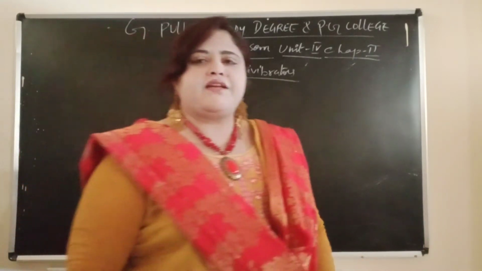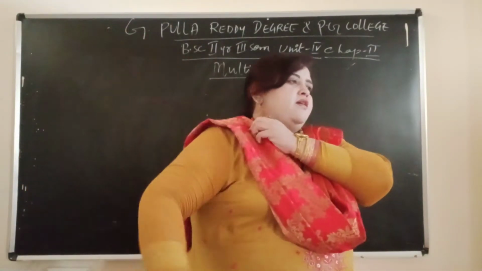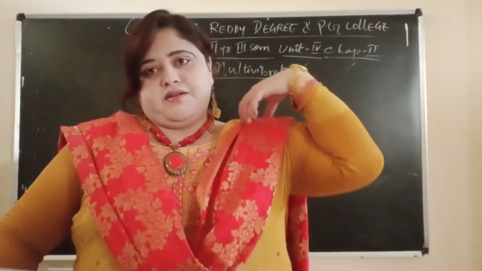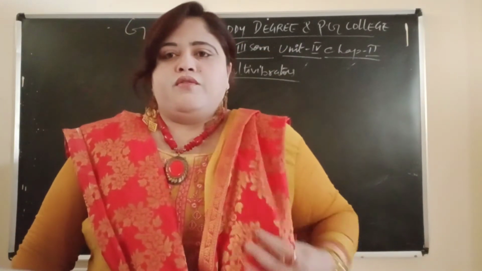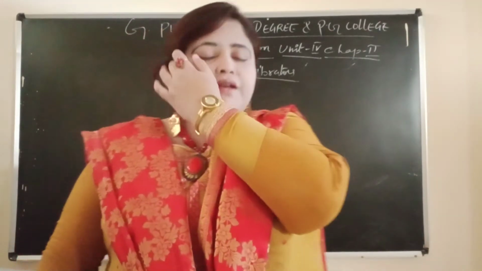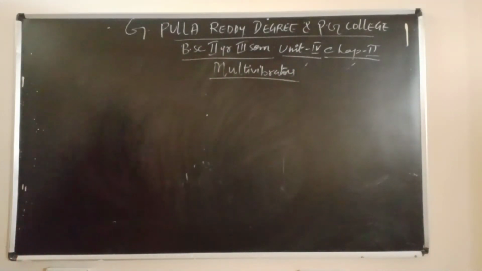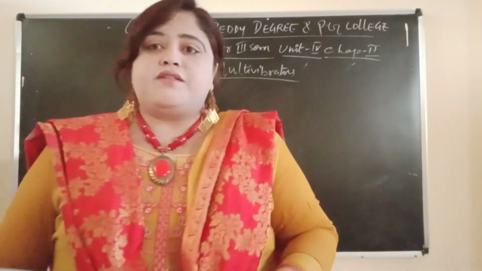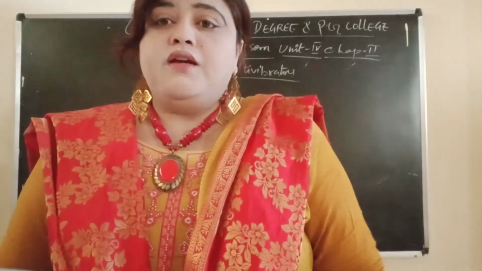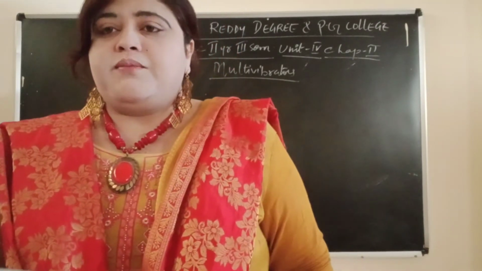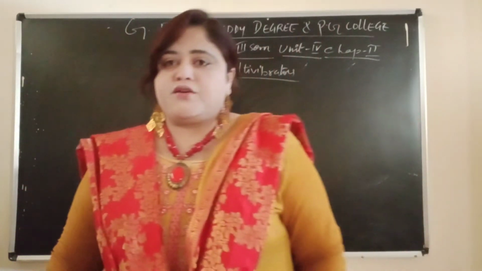So now we will study the definition of a multivibrator. First, what is the definition of an oscillator? An oscillator is a device which is used to generate output in the form of AC without any AC input, as long as the DC power supply is connected to it.